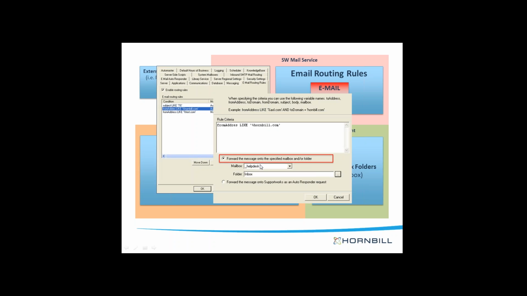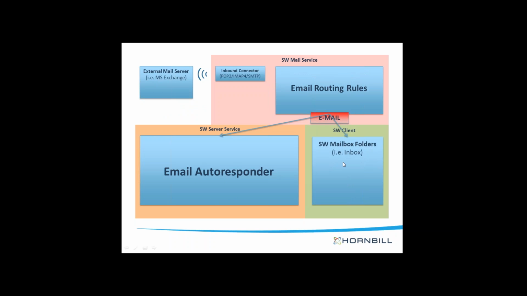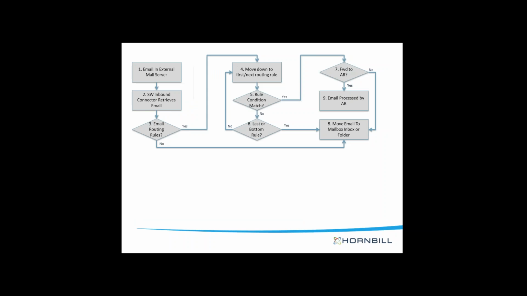You would need to specify the mailbox in case you have more than one, and you also have the option to say in which folder I'm going to put this email. Perhaps you have a folder structure in your mailbox, and you want different emails to reach different folders. So these are basically the two options you have once an email reaches the email routing rules. It can be either forwarded to the email autoresponder or forwarded to the Supportworks mailbox.